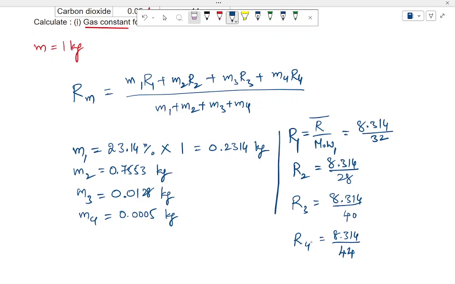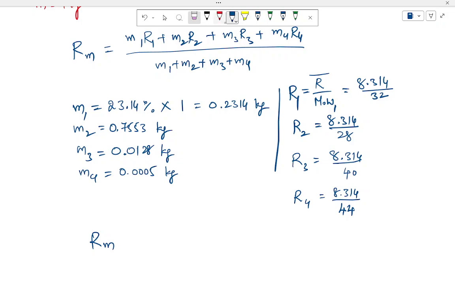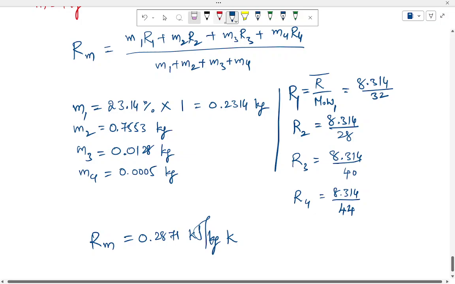Just you have to substitute all the values into this RM, and then you'll get the value of RM. The RM value I have calculated here. Where is it? Yeah, here it is. The RM value I got as 0.2871 kilojoule per kg Kelvin.